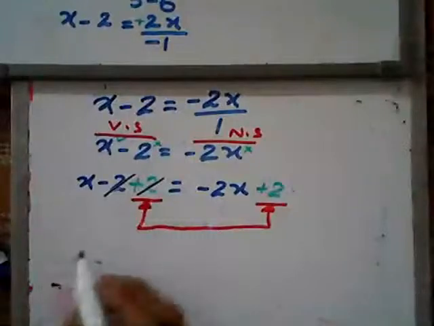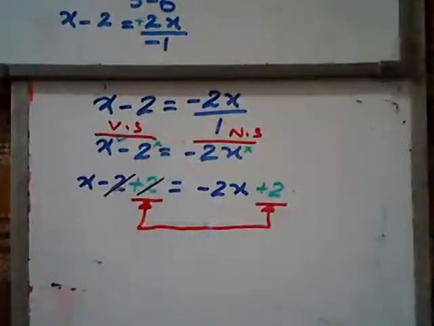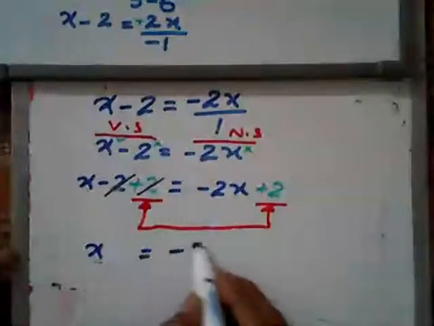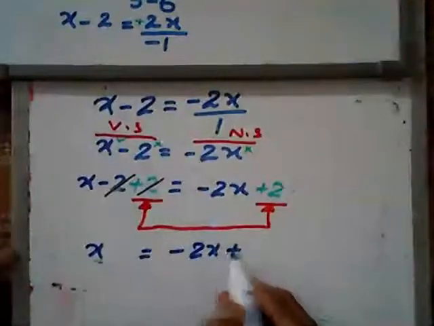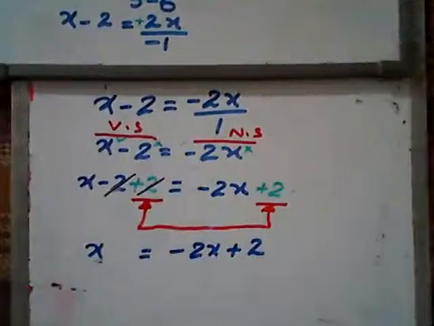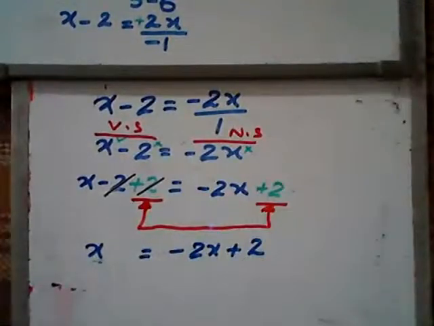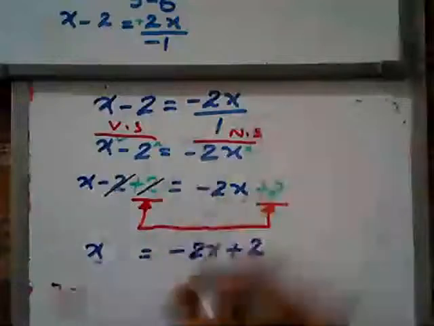So we have x is equal to minus 2x plus 2. But here you can see that it's still a variable in the wrong place.